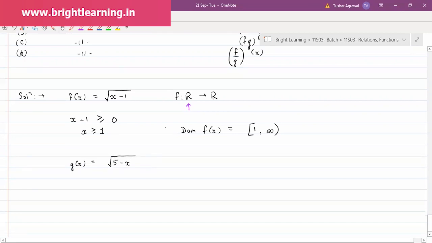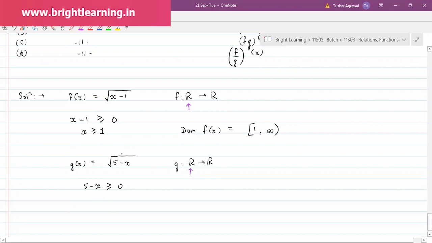Same argument, g is also defined from R to R. From the first set, remove the problematic points: 5 minus x should be greater than or equal to 0, because if it is less than 0, under root of a negative is not defined.